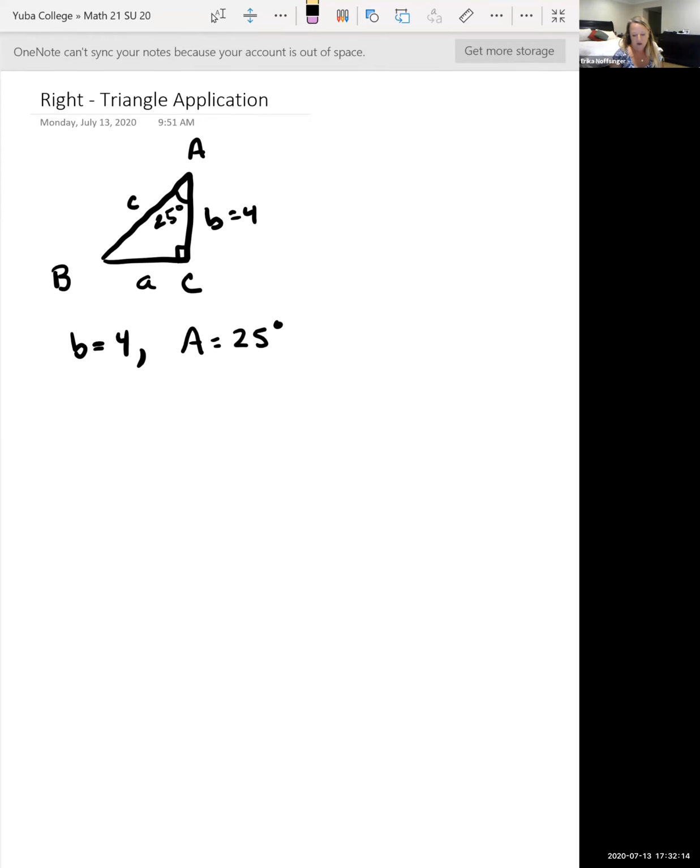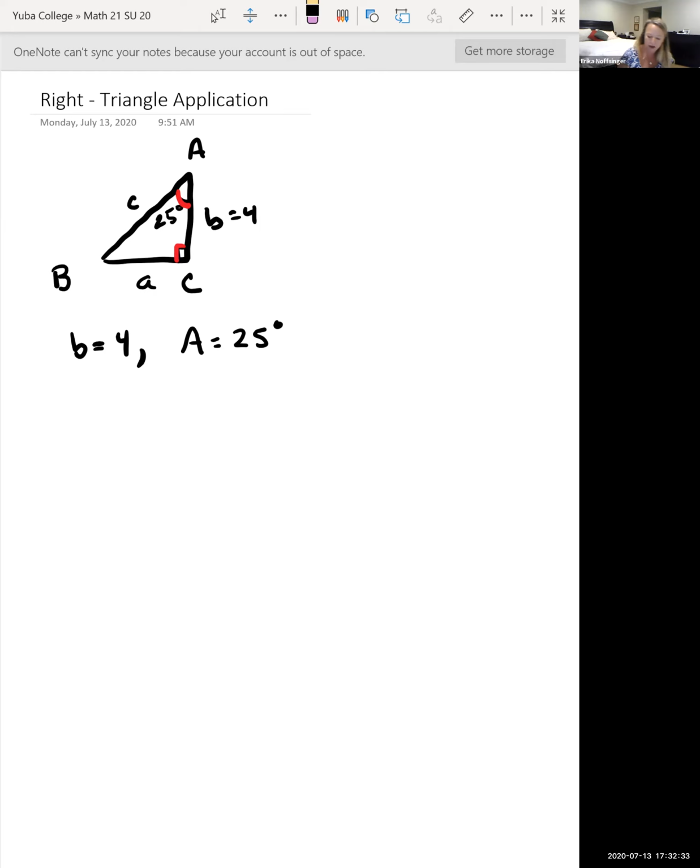Okay, so we could figure out what our other angle is because we have this angle in here and we have a right triangle. We know that the sum of all 3 angles in a triangle should be 180 degrees. This is a right triangle, so the sum of the other 2 should be 90 degrees.